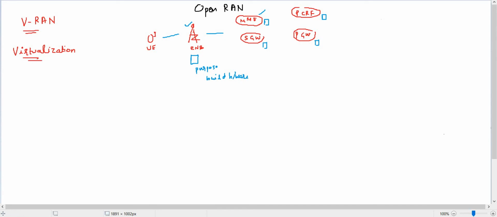Now with the help of virtualization, instead of having dedicated hardware, let me tell you the definition first. Virtualization decouples software from hardware. Let me explain. In the traditional architecture, let's consider this SGW. We have dedicated hardware here for the SGW.